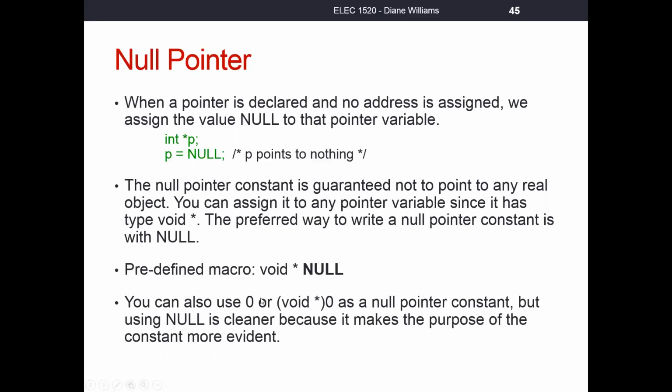Null is basically 0. You can use that as a null pointer constant. I prefer that you write the word NULL rather than 0, but 0 is a base address that your program's never allowed to point to. And that's why it's a safer thing to do, because you don't accidentally overwrite memory somewhere else in a larger program.